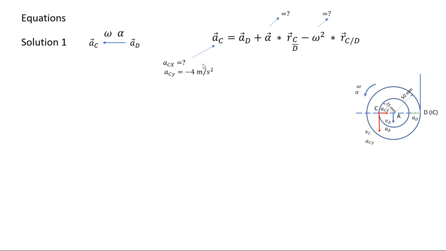For AD, the y direction is equal to 0, and the x direction is not known yet, but obviously it's going to be the normal acceleration of point D. If I know the value of the omega of the wheel, I can find this acceleration, and we're going to find the omega by using the velocity analysis. So that will be ADX, the normal acceleration of point D, omega squared multiplied by RA/D. This is not X, that's multiply.